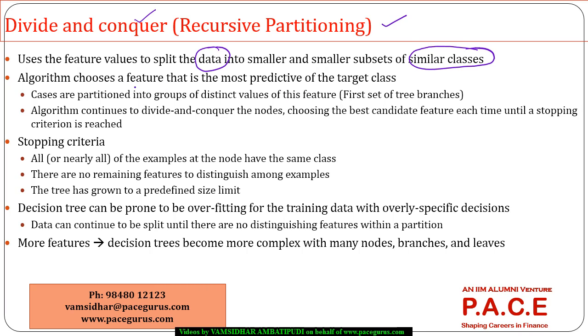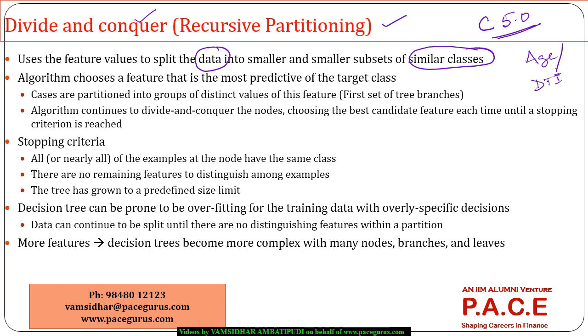The algorithm we are talking of, the C5.0 kind of algorithm, will choose, out of all these features, one particular feature, probably age, or let's say the debt to income ratio.